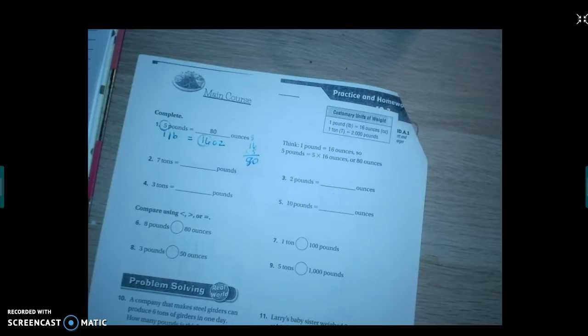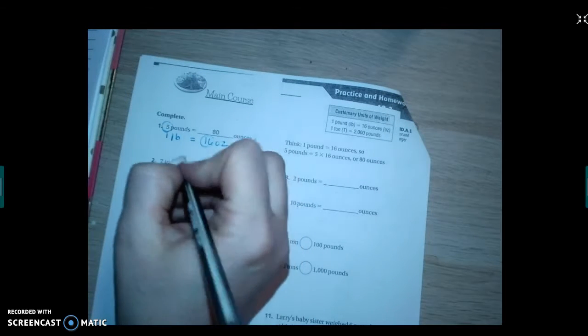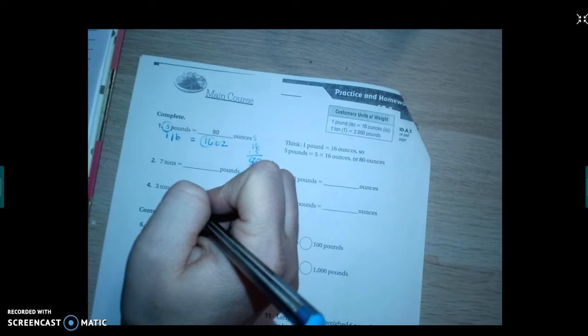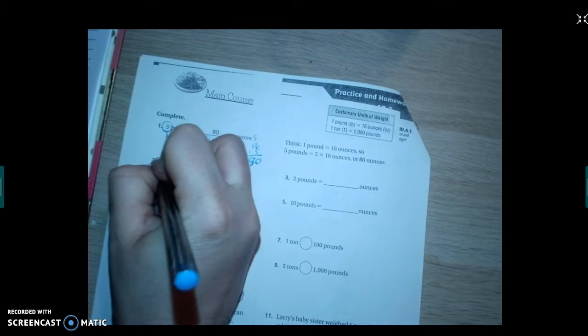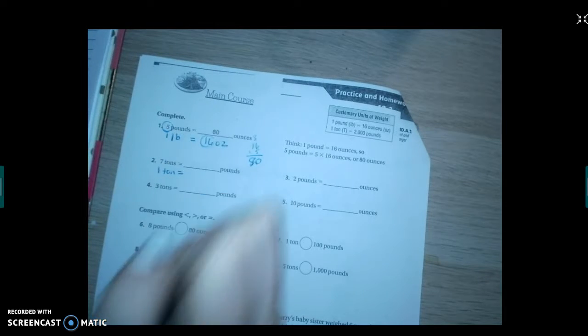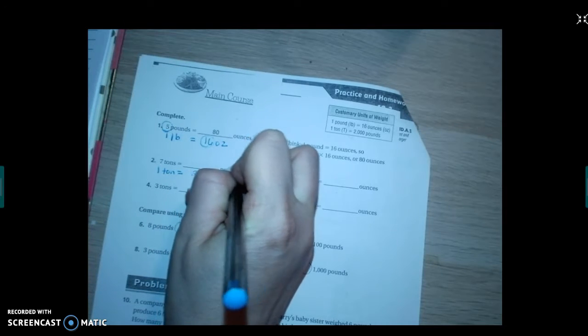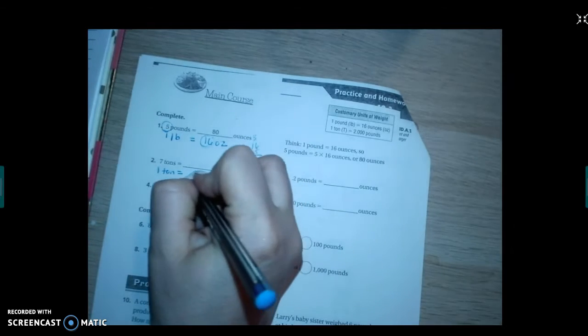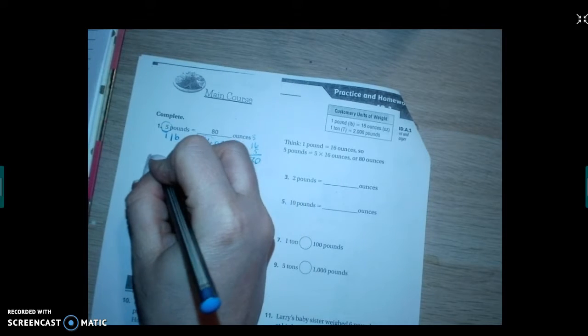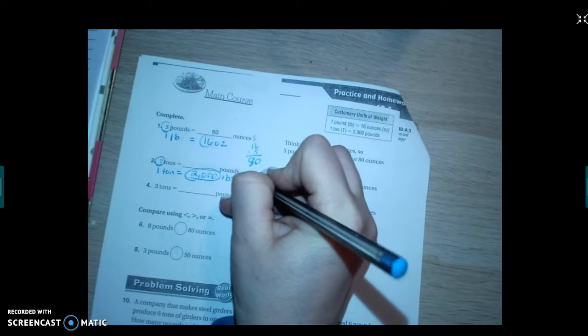Okay, so let's go ahead and try number 2. 7 tons equals how many pounds? Well, I know that 1 ton equals 2,000 pounds. So I'm going to take that 2,000 and that 7, and I'm going to multiply it together.